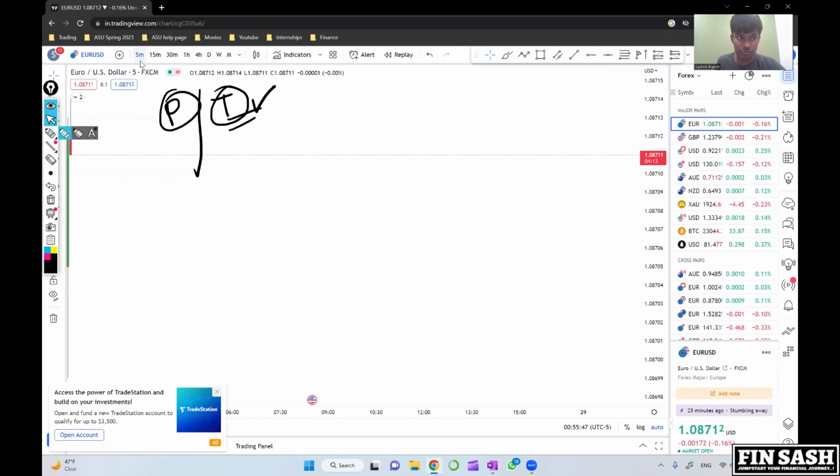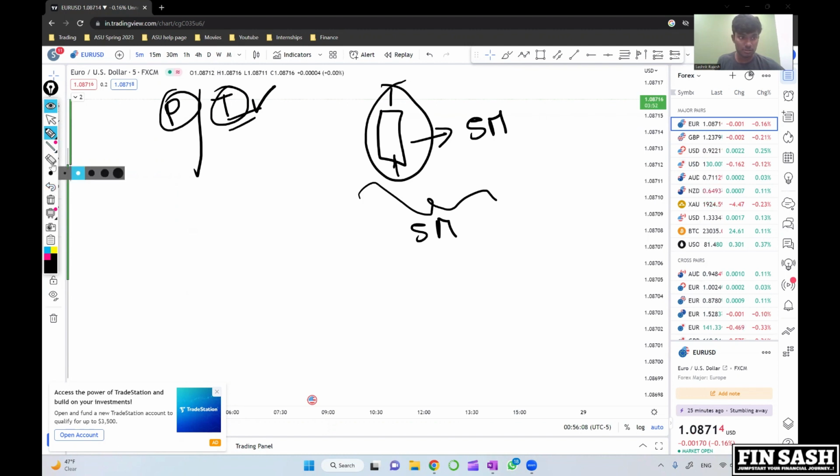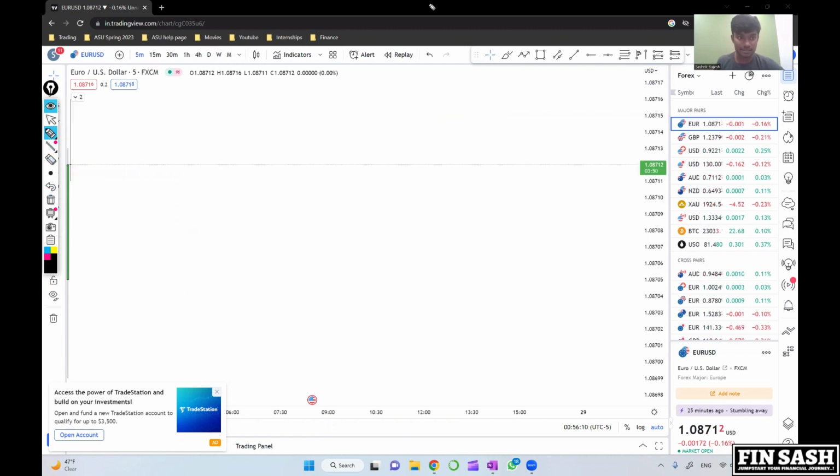So if I choose the 5 minutes, any candlestick is going to describe the price movement for that particular period of time. This candlestick describes the price movement for 5 minutes. Hopefully that makes sense.